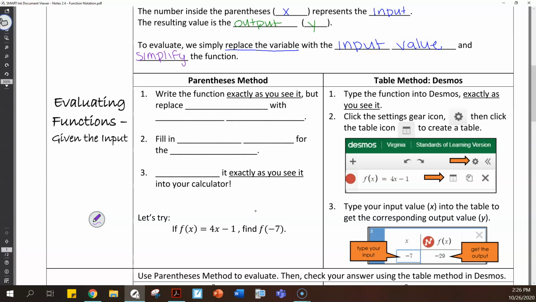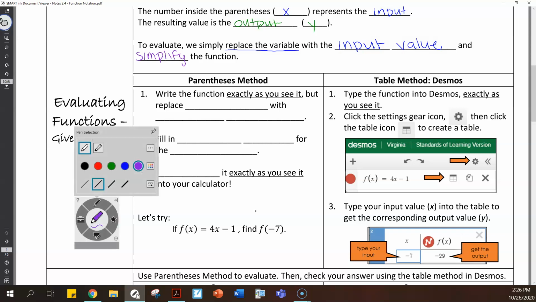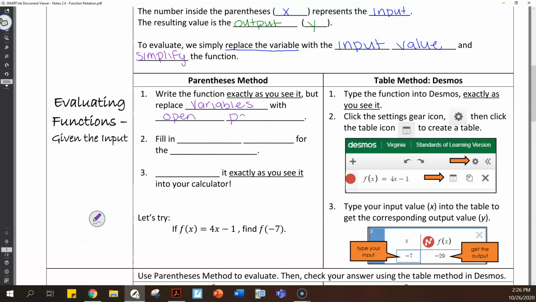So when they give me the input value, this is exactly the same as evaluating an expression. So I'm going to write the function exactly the way I see it, but I'm going to replace my variables with open parentheses.